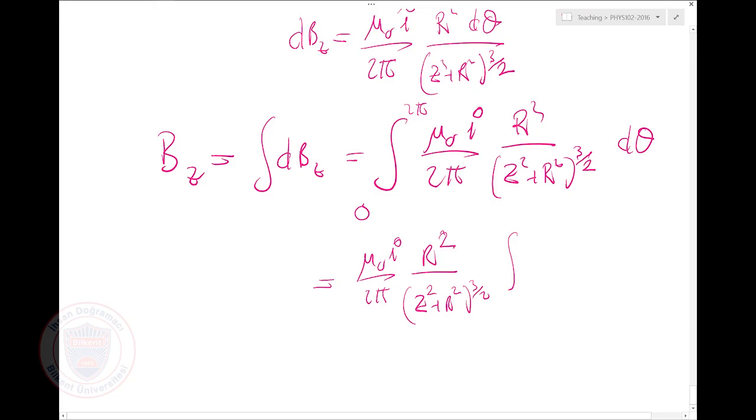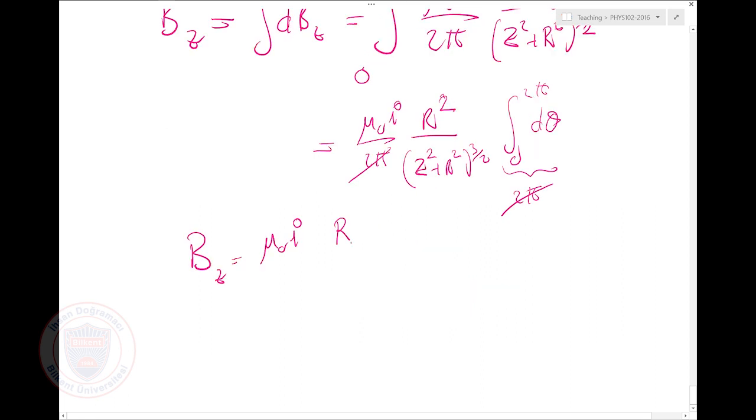Integral d theta from 0 to 2 pi, which is 2 pi, which cancels with 2 pi here. So Bz is mu 0 I R square divided by Z square plus R square to the 3 halves.